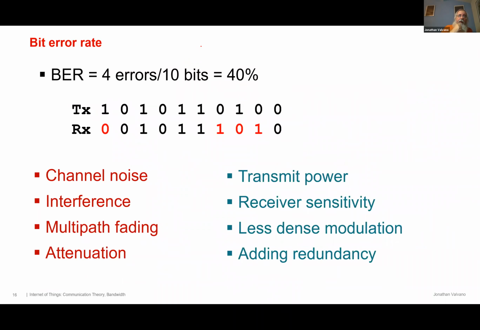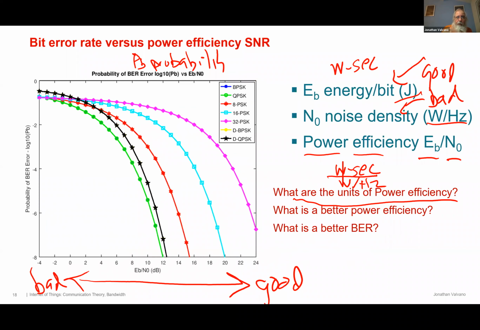If I said the probability of a bit error was 1 or 100%, is that good or bad? Bad, okay. So this is the bad way, and this is the good one. Normally we plot good up and bad down, but this is an error rate, not a success rate.